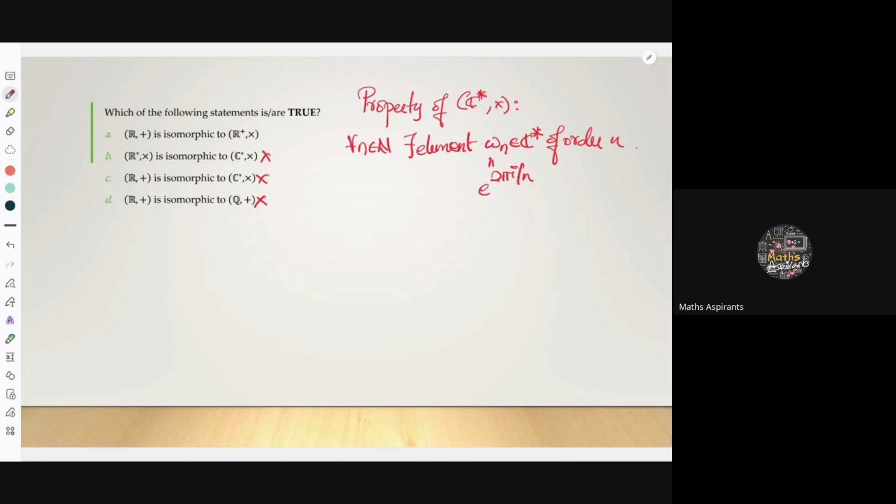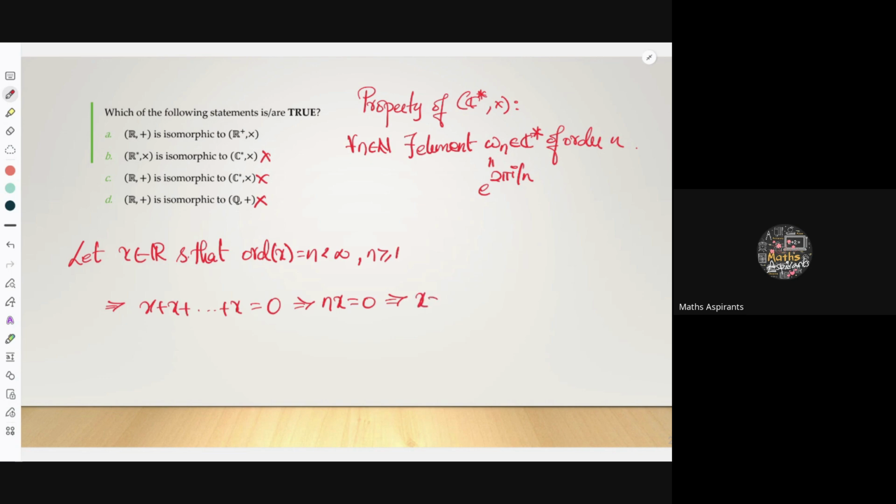Right. So similarly, we can look at R plus. Yeah. So now what about elements of finite order in R plus? Let x belong to R such that the order of x is n, which is finite. R is a group under addition. So x plus and so on up to x is 0. 0 is the identity, which implies nx is 0. And n is any natural number, n greater than or equal to 1. This implies x is 0.